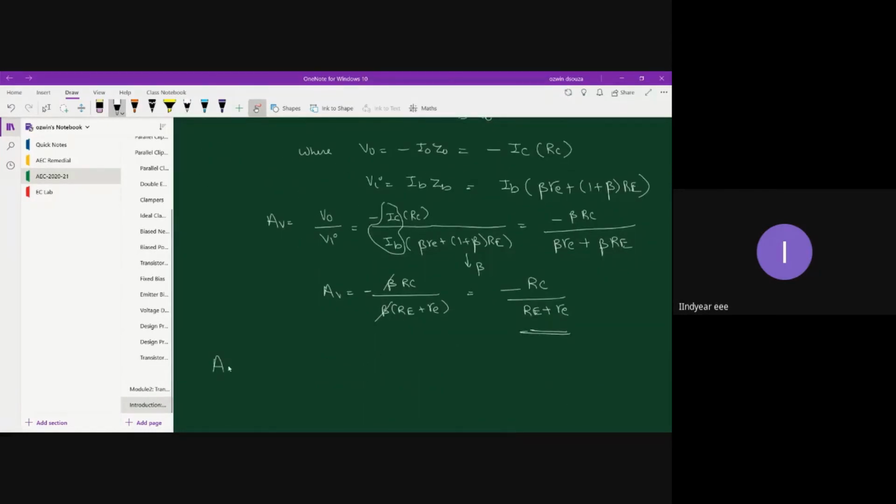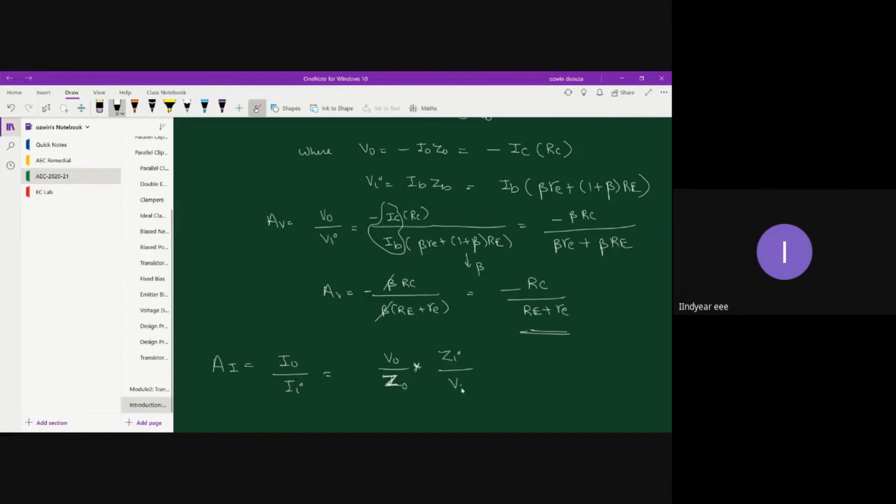Finally I have my current gain expression. I'll just stop the topic now. So I0 by Ii. What is I0? V0 by Z0, into Ii. Ii is Vi by Zi, so division, it goes to the numerator.